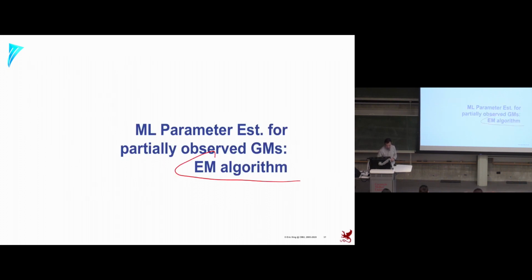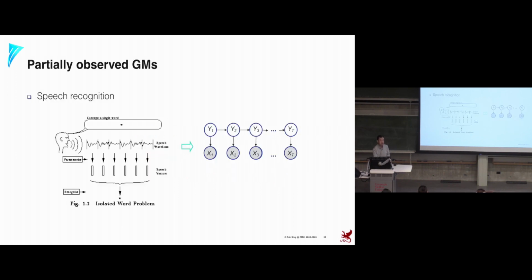And why do we need the EM algorithm, or a different algorithm? So first of all, partially observed models are very, very popular, and in fact, maybe more useful and practical than the fully observed models.